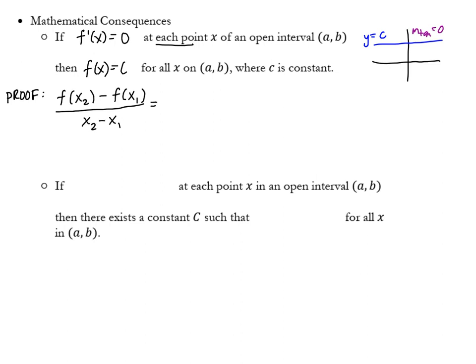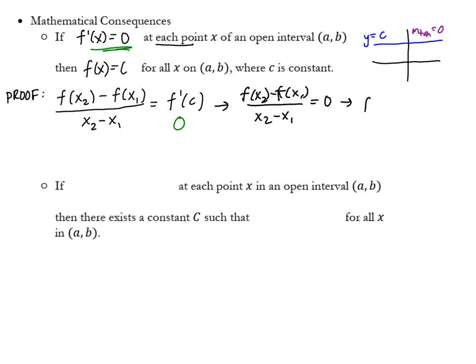Now, if that first derivative is 0, by the mean value theorem, right? Because the mean value theorem said that this average rate of change had to equal the first derivative at some point c. However, if that first derivative is 0 all the time, then we see that the average rate of change, f of x2 minus f of x1 over x2 minus x1, is equal to 0.